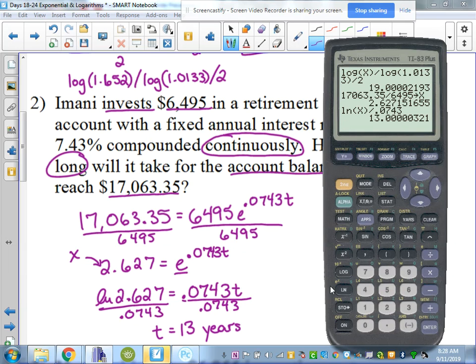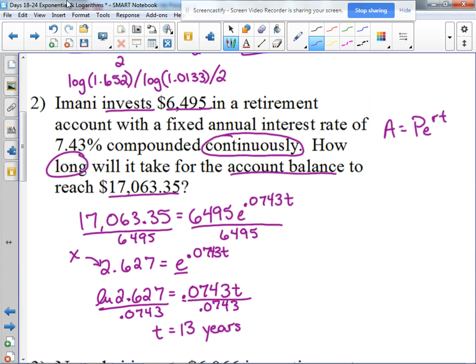Now let me show you, if you hadn't stored that as x, your answer is not going to be that incredibly different. So here, if you have 3 digits after the decimal, like I wrote in the notes, 2.627, instead of storing it as x, it just doesn't give you 13.0000, it gives you 12.999, which if you ever get that, you can pretty much just assume that's supposed to be the whole number.